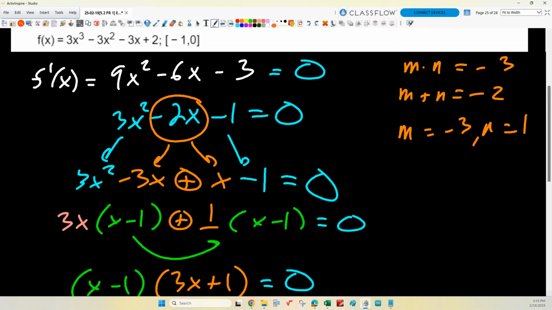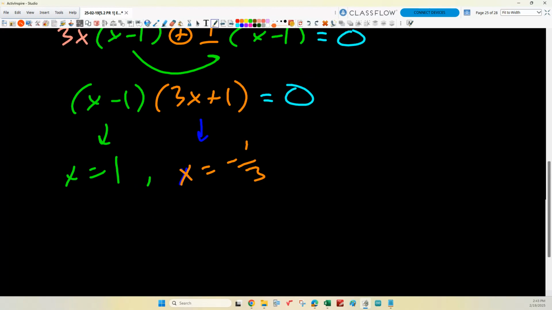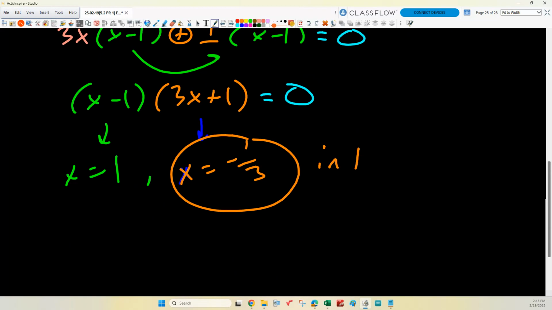Does our interval go from -1? Yeah, it does. Even if that were a -1, we don't care because it's an endpoint anyway. We're already going to test it. Does that make sense? But this is a critical number. This is what we would call an interior critical number, right? Everybody get that? Why is it interior? Yeah, because it's between the endpoints and it's a critical number.